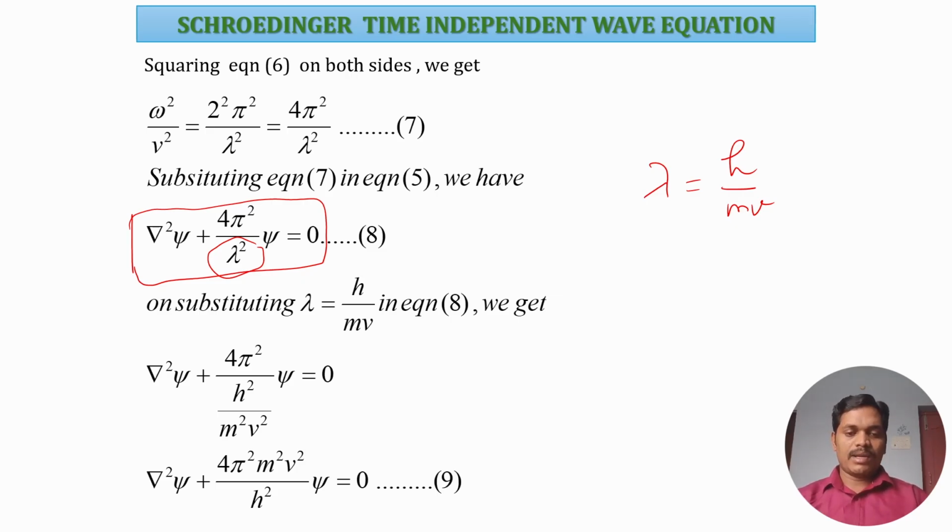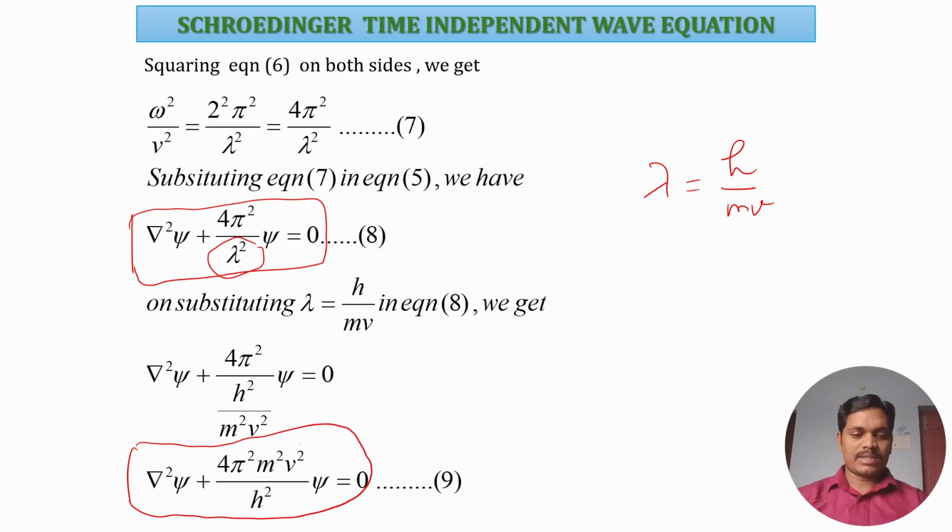So substituting this value, we have del square psi plus 4 pi square m square v square by h square into psi equal to 0. So still we can simplify this. Again, here m is the mass, v is the velocity, h is the Planck constant, psi is the wave function, del square is the Laplacian operator.